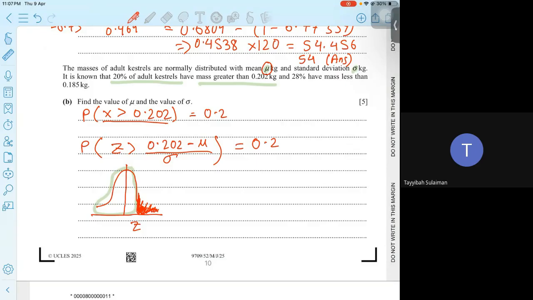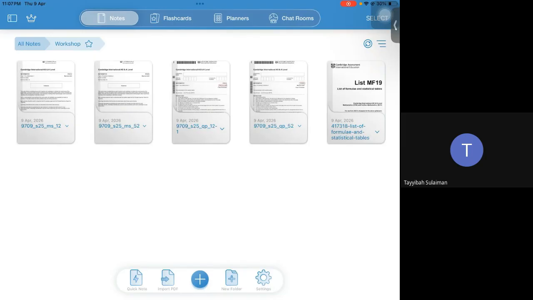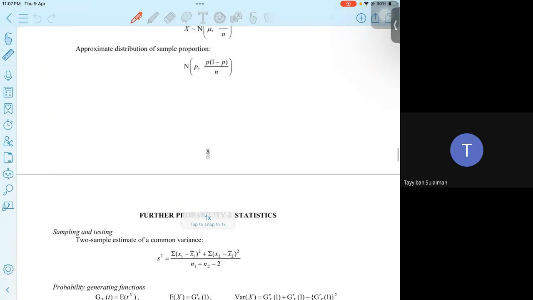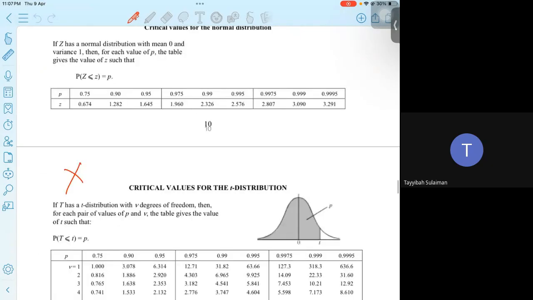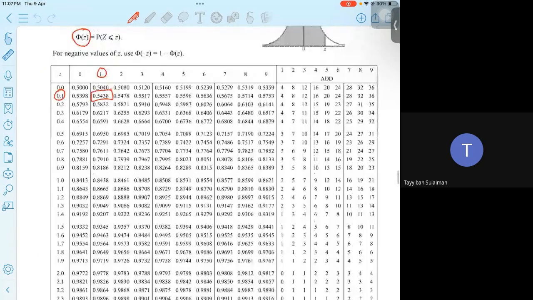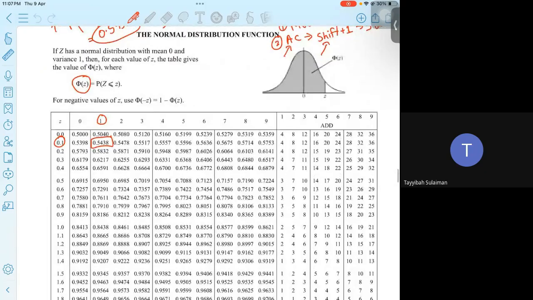Do you guys know how to find the z value here? So we go to the MF table. This is basically the diagram that we had, where up to this mark is 0.8, and this small part is 0.2. So we have to look for a value that gives us 0.8, right?